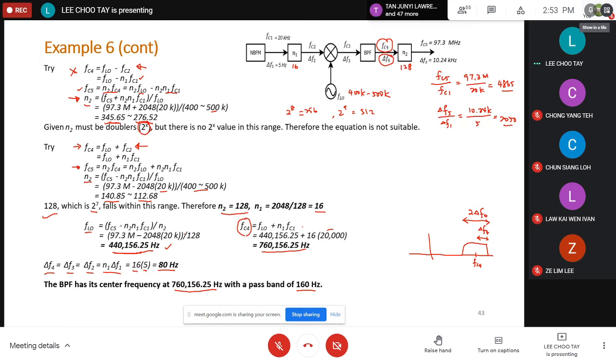Yes, I want to ask: for this example 6, is the whole system's complexity in the frequency multiplier and the adjustable frequency FLO?